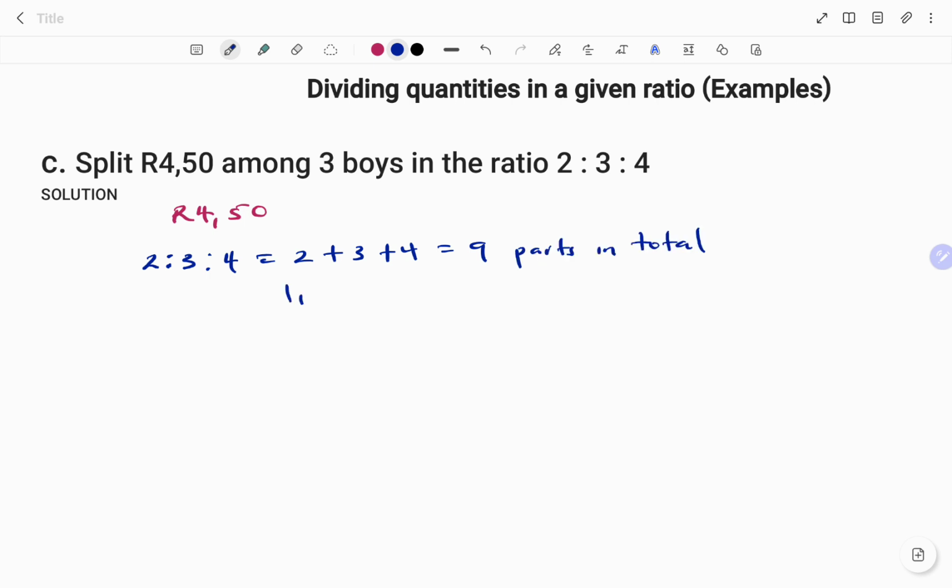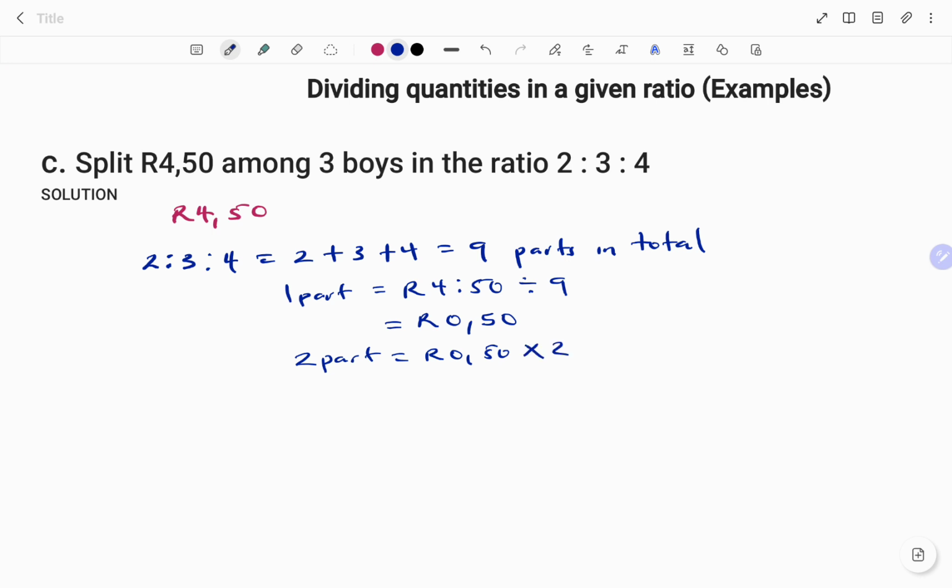To get the value of one part, we are going to be dividing our quantity, which is 450 by 9. And for one part, 450 divided by 9, we are going to have 50 cents. Therefore, to get the value of 2 parts, we are going to multiply the value of one part by 2.